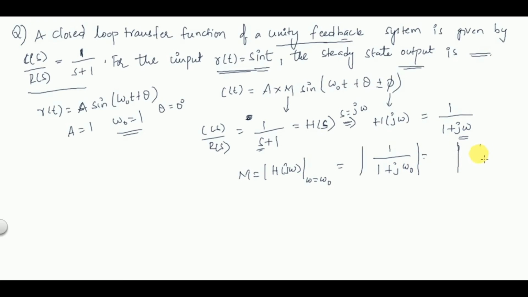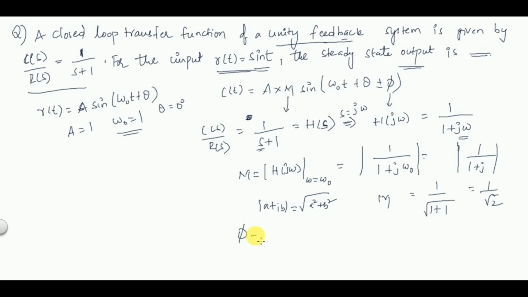The modulus of 1 by 1 plus j, since omega naught is 1, is 1 by root of 1 plus 1. We know that the modulus of a plus ib is root of a square plus b square. So you get 1 by root 2, and the M value is 1 by root 2.